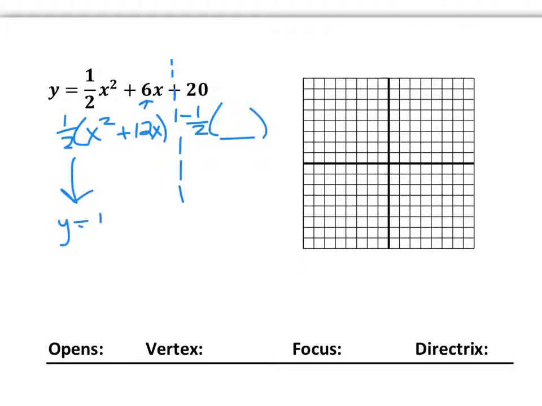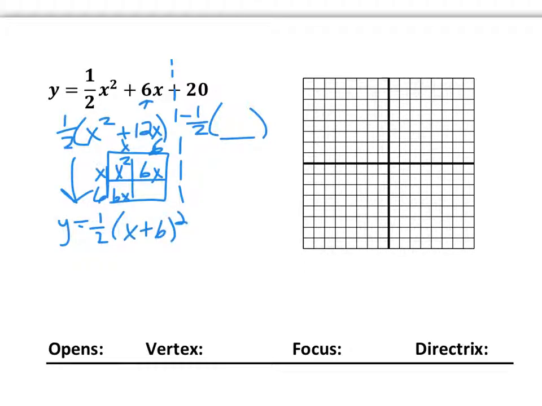So y equals 1/2 x squared split in half x 6. So x plus 6 squared, which is 36.